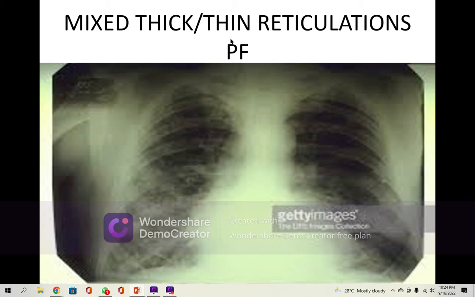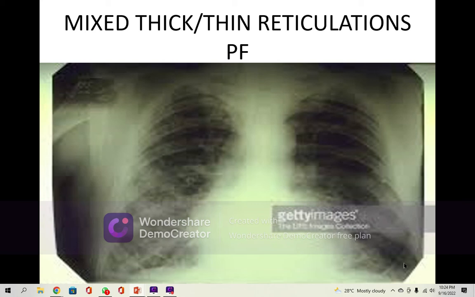Again the case of interstitial lung diseases or pulmonary fibrosis, pneumoconiosis, autoimmune diseases resulting in interstitial lung disease. This is a big chapter, interstitial lung disease, and there are about 60 to 70 causes. So they are mixed, thick and thin reticulation.